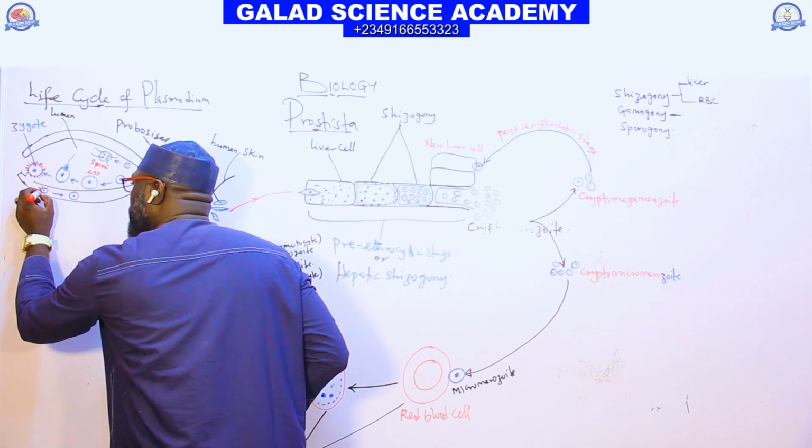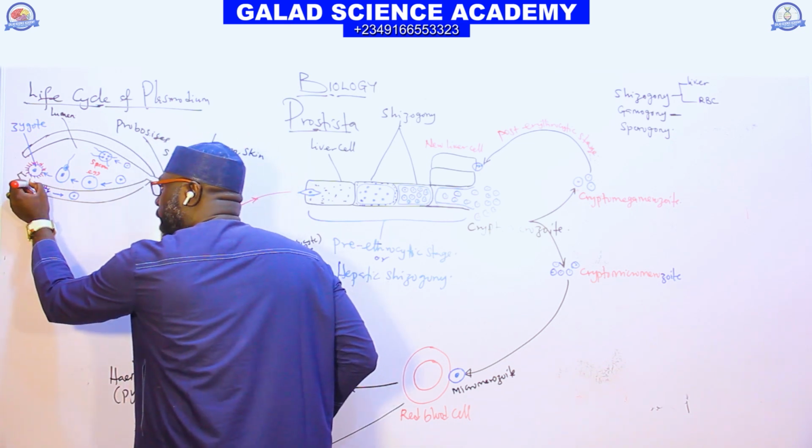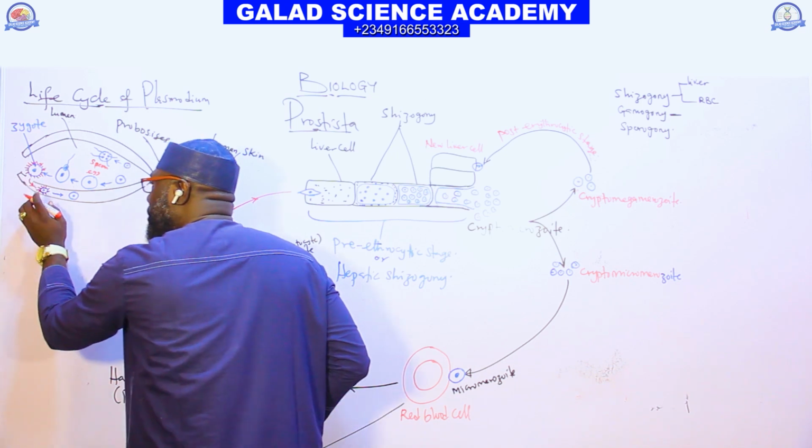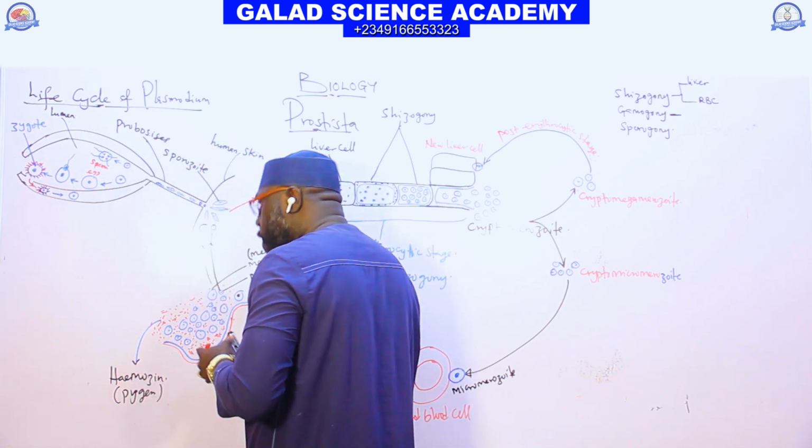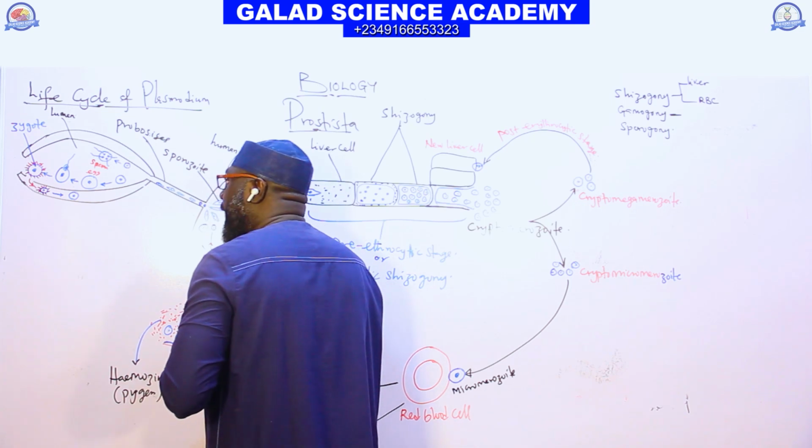The motile zygote, we call it ookinete. I said it's motile.